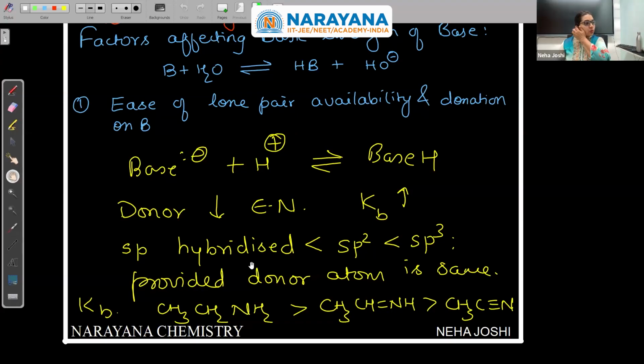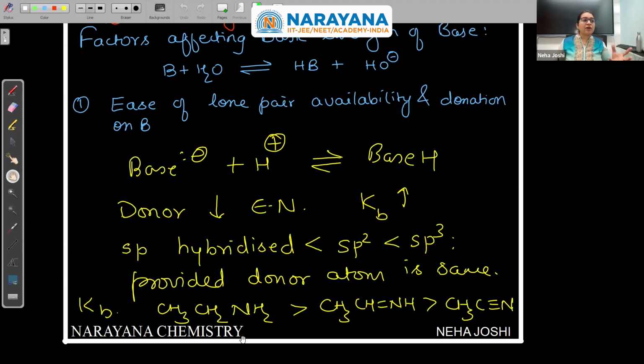Now why I'm so cautious about my statement: in Lewis basicity of ammonia, phosphine, arsine, ammonia is a better Lewis base than phosphine. In the reaction of alkyl halides with AlCl3, where alkyl halides act as a Lewis base, RF is a better Lewis base. So the more electronegative ones are better Lewis bases.